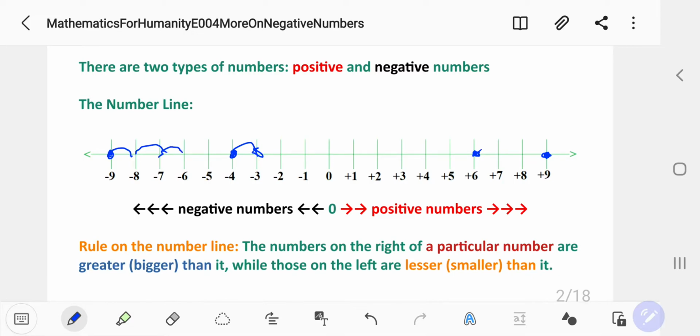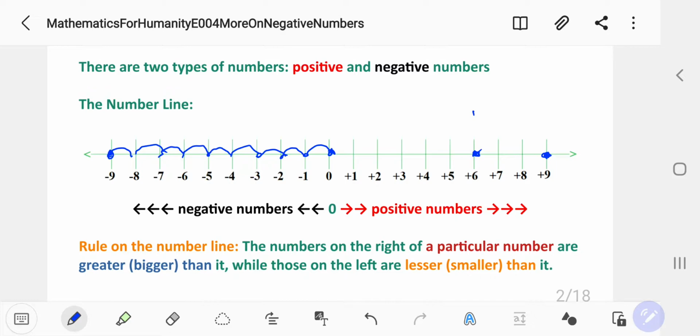The next after negative 7 is negative 6, then the next after negative 6 is negative 5, then negative 4, then negative 3, and the next of negative 3 is negative 2, and the next of negative 2 is negative 1, and then the next of negative 1 is 0.